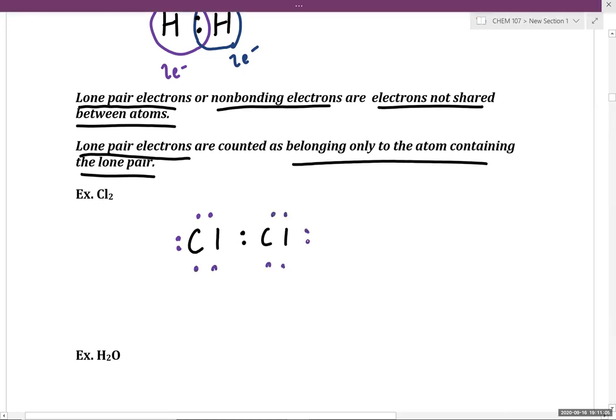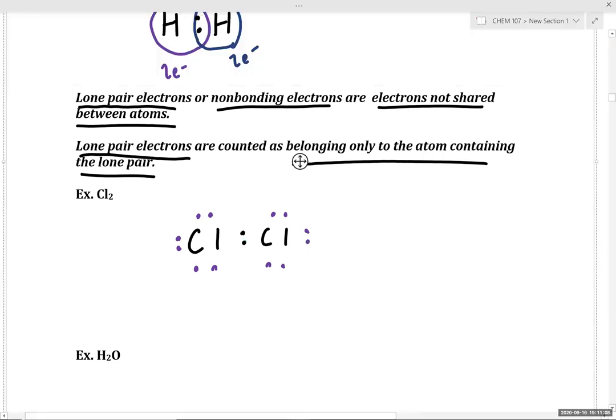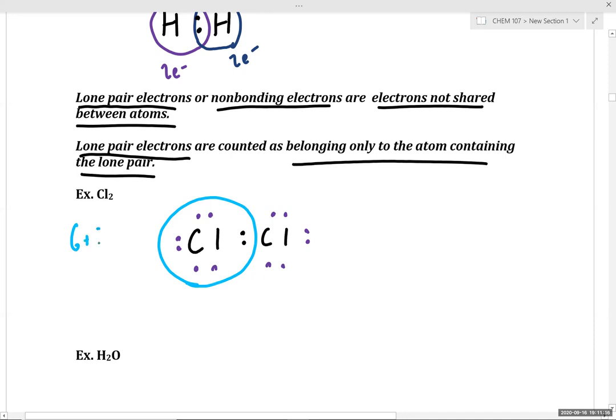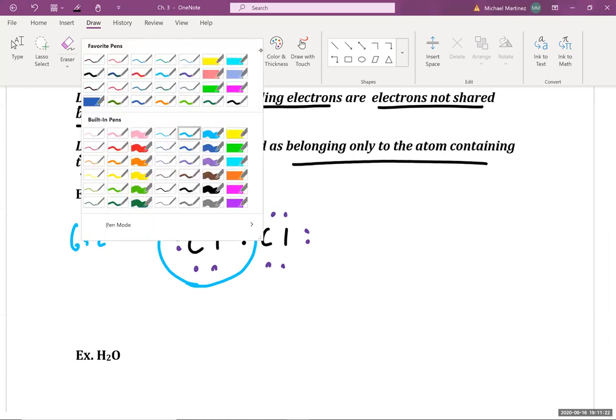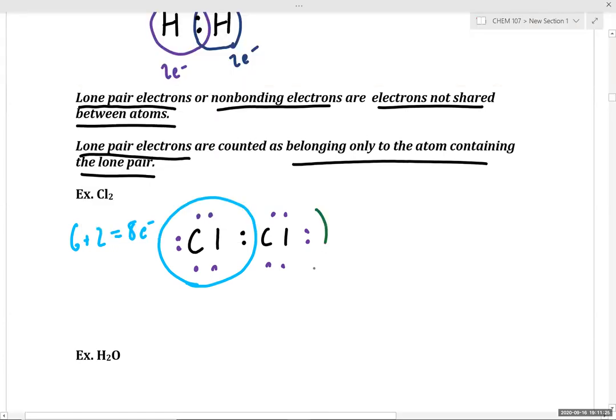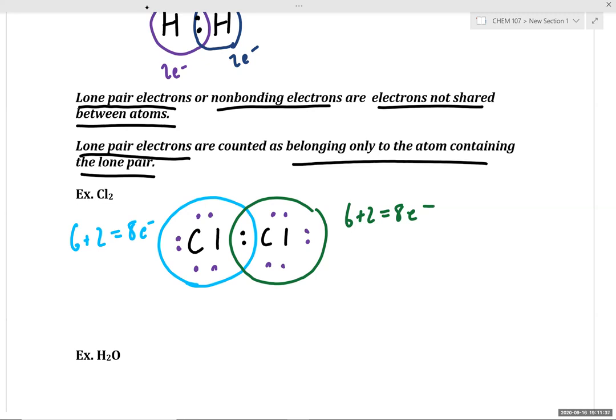And in our calculations, even though the bonding electrons belong to both atoms, the lone pair electrons only belong to a single atom. So we have 6 plus 2, or 8 electrons belonging to the chlorine on the left. And then for the chlorine on the right, we have 6 plus 2, or 8 electrons belonging to the chlorine on the right. Lone pair electrons only belong to the atom containing the lone pair, while bonding electrons are counted as belonging to both atoms.